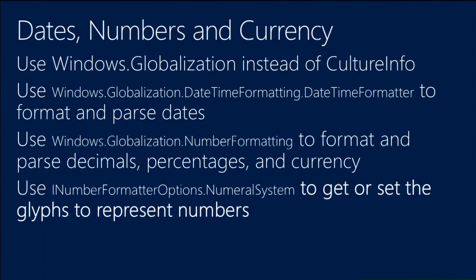So it has a different naming convention for specifying the date format. You can use it both to format dates and times, and to parse them back, and it can be used from JavaScript, C#, VB, or C++. It's a WinRT API thing.